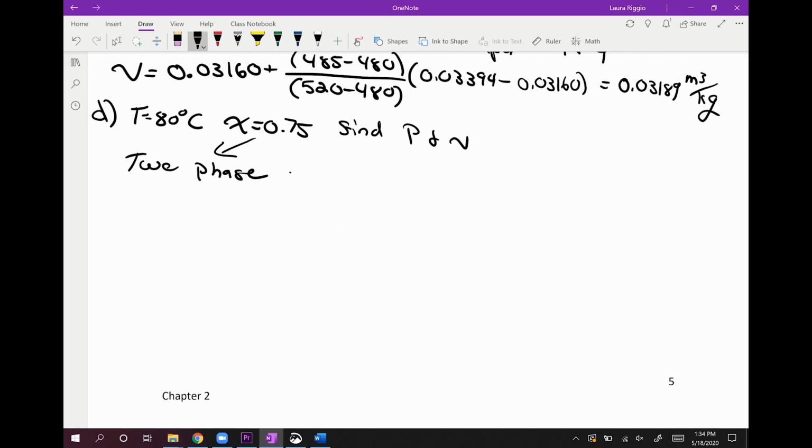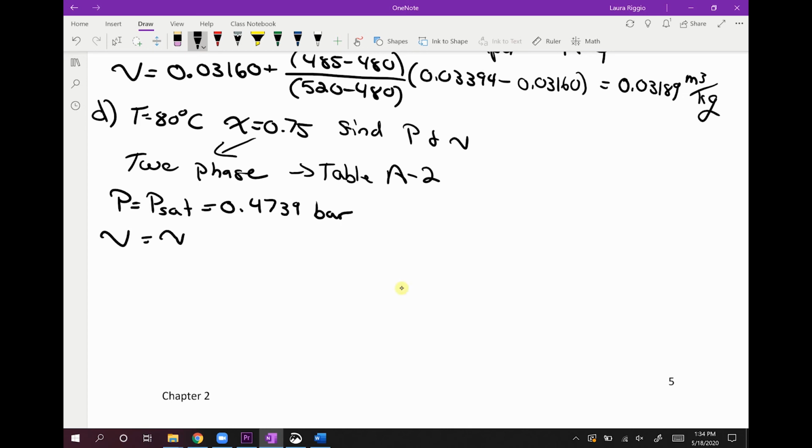And since I was given the temperature, I'm going to go to table A2. Since I'm in the two-phase liquid vapor zone, my pressure is equal to my saturation pressure, which is 0.4739 bar. And my specific volume is equal to my saturated liquid specific volume plus my quality times the difference between my saturated vapor and saturated liquid.